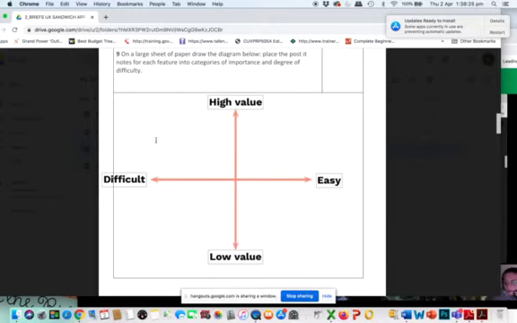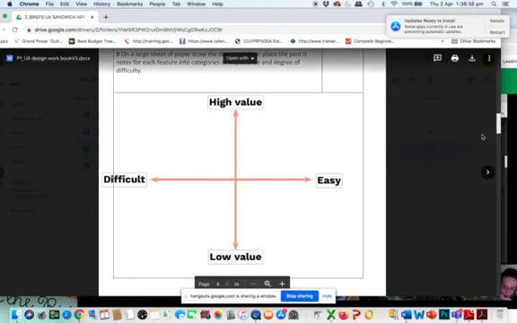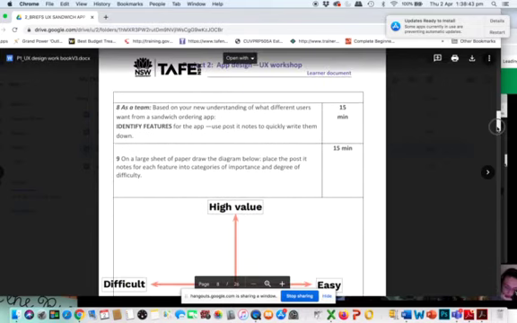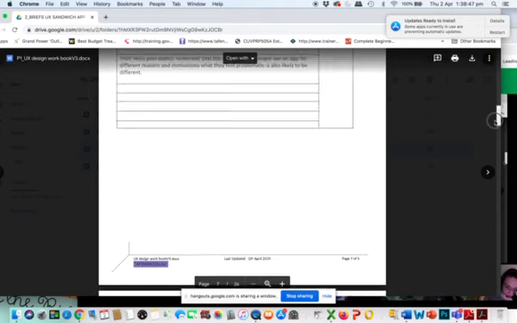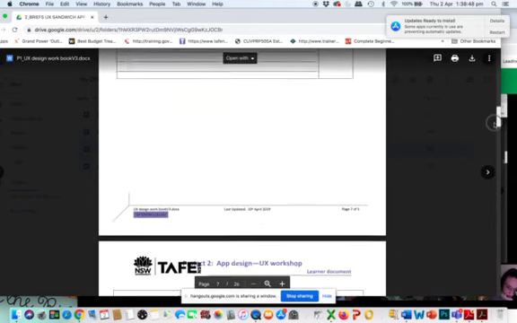The ones you think would be great but are too hard to make go over here, and things that would be nice to have but maybe aren't really necessary over here. So first, you think of all the kinds of different functions that would be needed, and then you weed them out by thinking about these people and what they said was important.